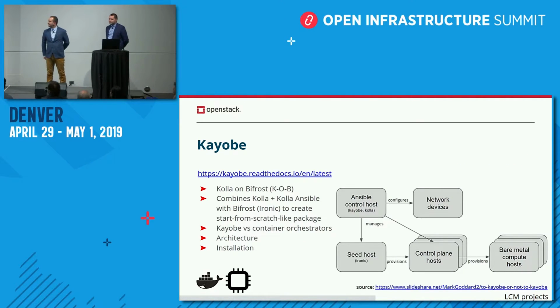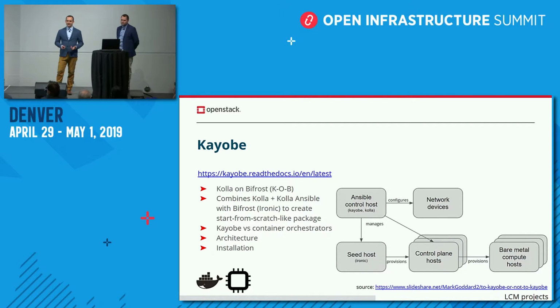Let's proceed and start with KOB. The name KOB stands for Kolla on Bifrost, which is pretty much self-explanatory, at least to those who know what Bifrost is. Quick reminder, Bifrost and Ironic serve the purpose of provisioning.